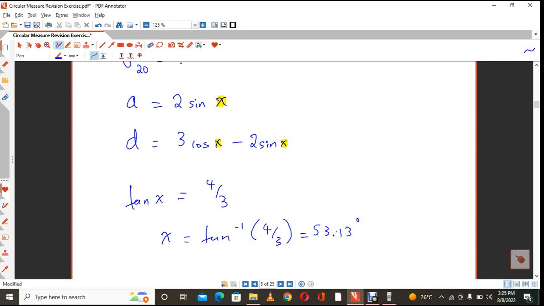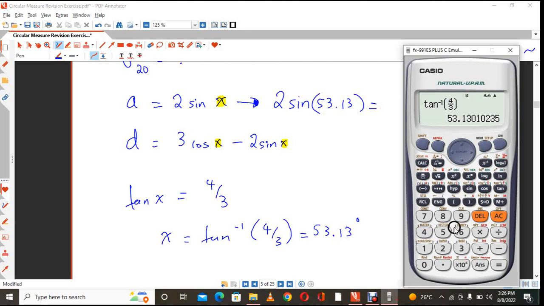That means I can calculate my value of a, which is my first term. It's going to be 2 multiplied by the sine of 53.13. Let's go back to our calculator. 2 sine of 53.13, and I see what value I get.